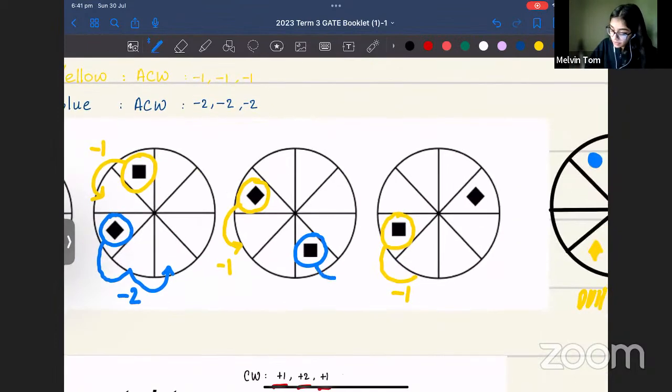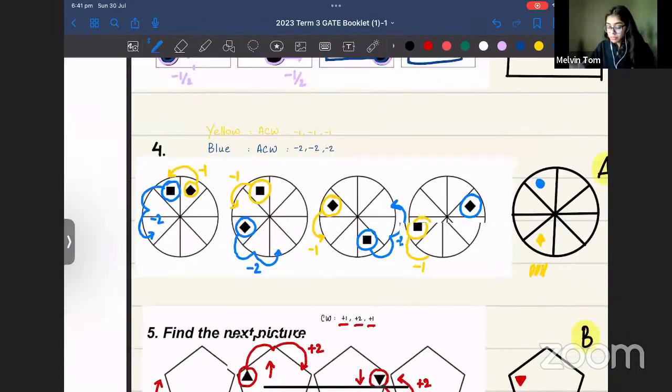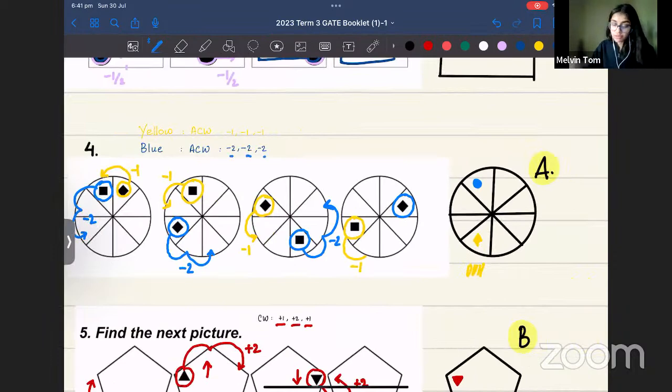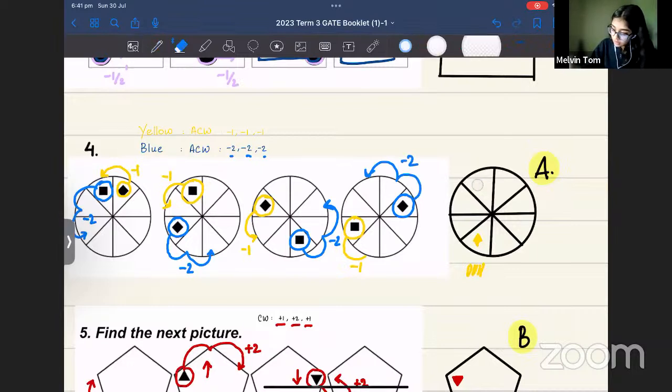From here, it's moving 1 and 2, which gives you your blue diamond right there. So it's -2, -2, -2. That means it will be 1 and 2, and it's going to land right here.